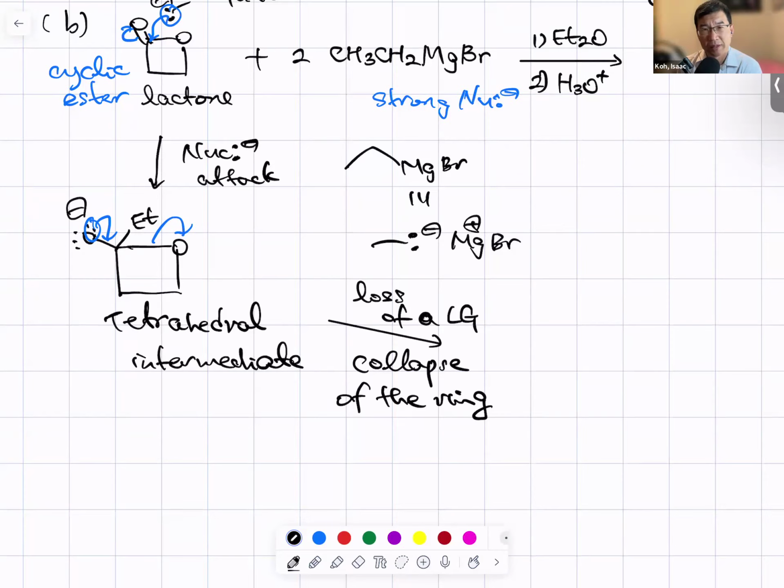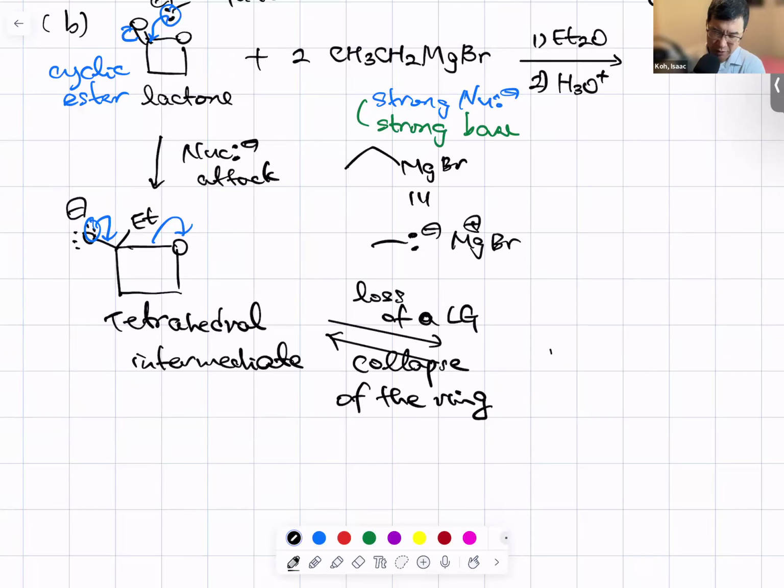Remember this Grignard reagent is strong nucleophile and at the same time strong base. So this is basic condition. In basic condition, we can make the oxide leaving. And so this step is equilibrium process.